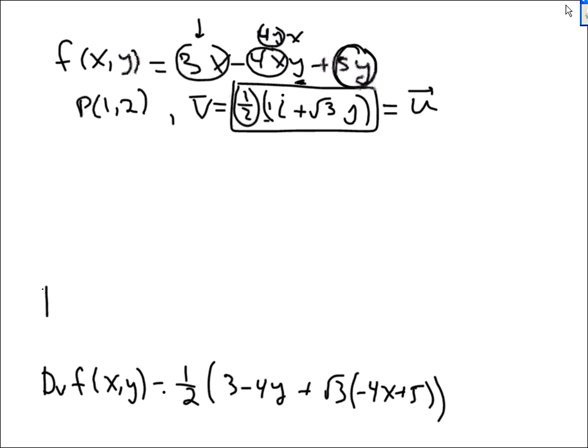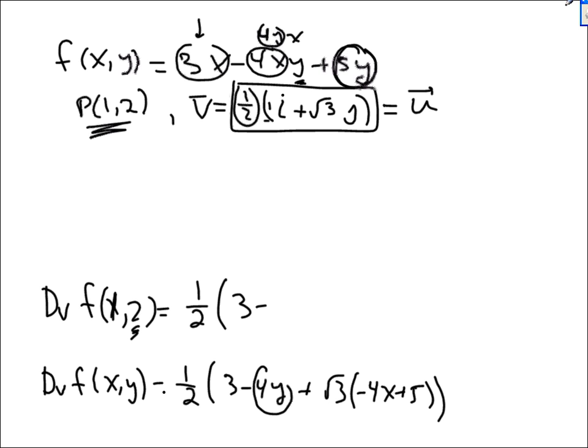So the directional derivative of f in the direction of v at the point 1, 2, well, it's 1/2 times 3 minus 4 times y, which is 2, so 8, plus the square root of 3 times negative 4 times x.